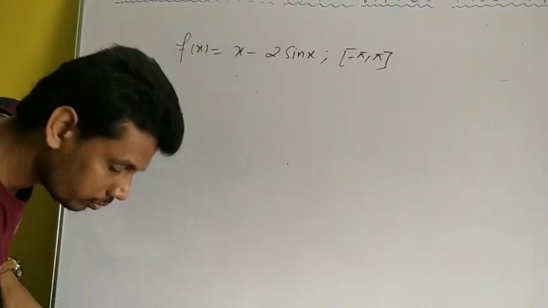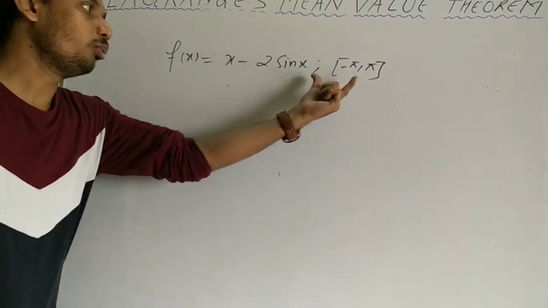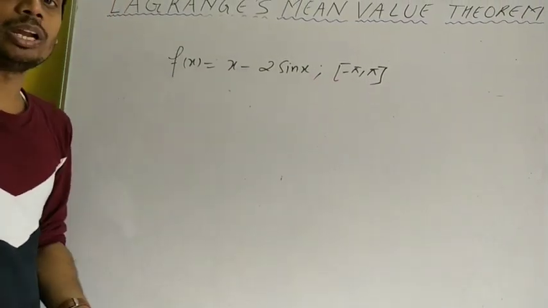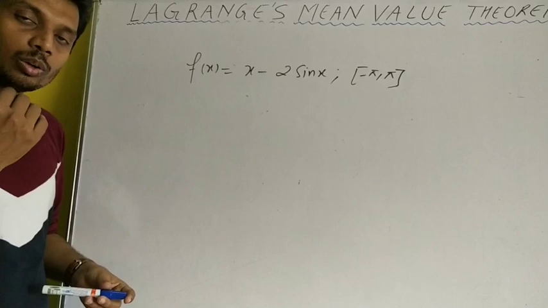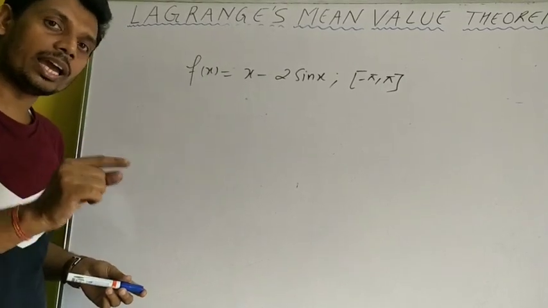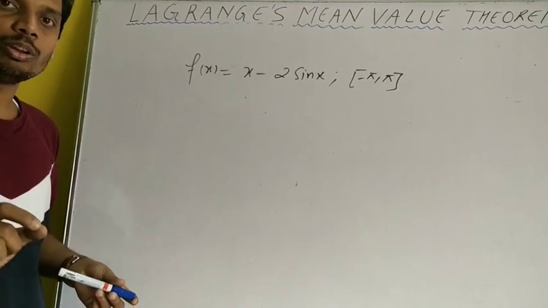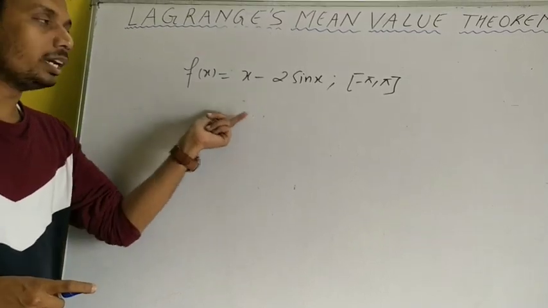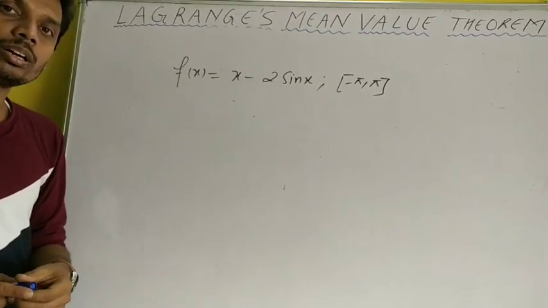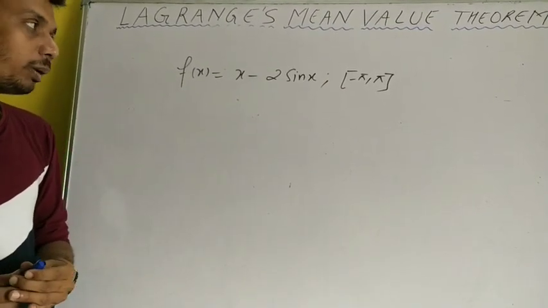This is the given function defined on the closed interval minus pi to plus pi. Now the question is to verify LMV, Lagrange's mean value theorem, for the function defined on the closed interval minus pi to plus pi.